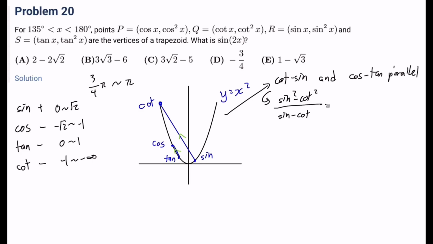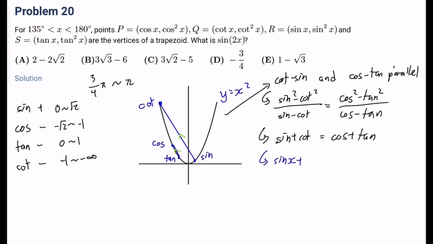So this is going to be equal to cosine squared minus tangent squared over cosine minus tangent. And this is just difference of squares. That's just going to give us sine plus cotangent equals cosine plus tangent. And so rewriting, we have sine x plus cotangent x equals cosine x plus tangent x.